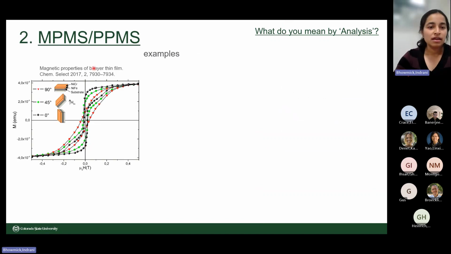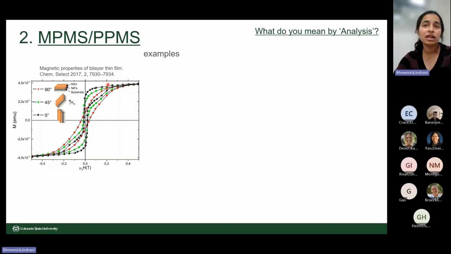So here I have this example of a bilayer thin film, where you can see there is a substrate and there is a nickel iron and nickel chromium layer on top of the substrate. And if you change the angle of that film, you have different magnetic response. You can see that the coercive field, like the field where you have the zero magnetic moment, is higher when it is 90 degree, and also your saturations are different based on the angle.